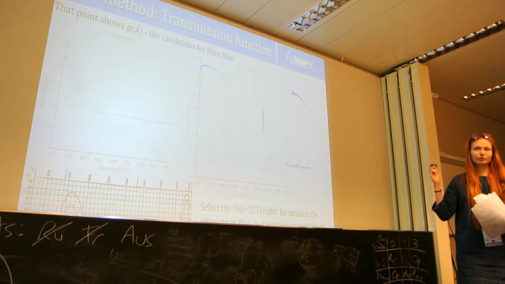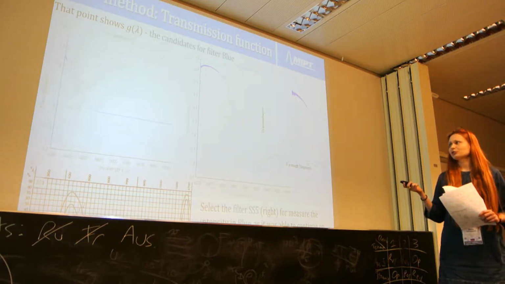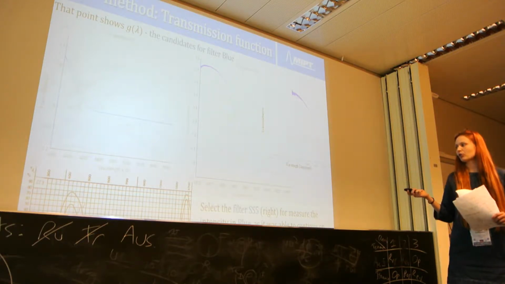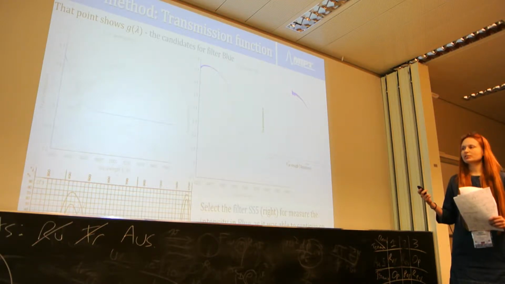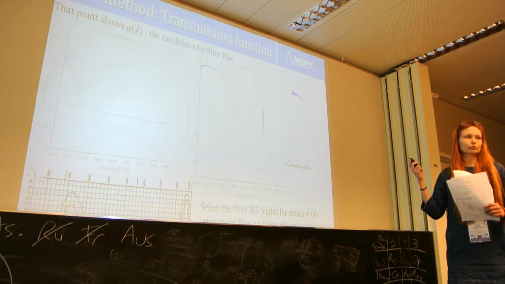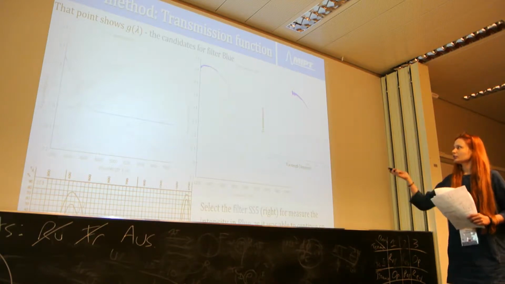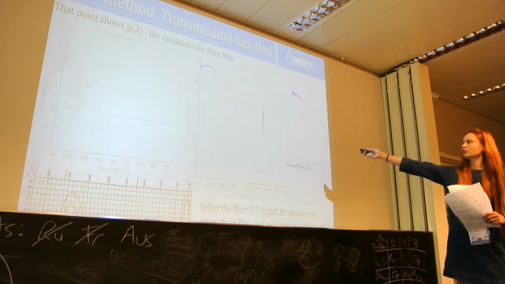For the blue candidate, I chose SS5, because I am able to continue with it since I have the passport for the filter. This was continued in a MATLAB program.